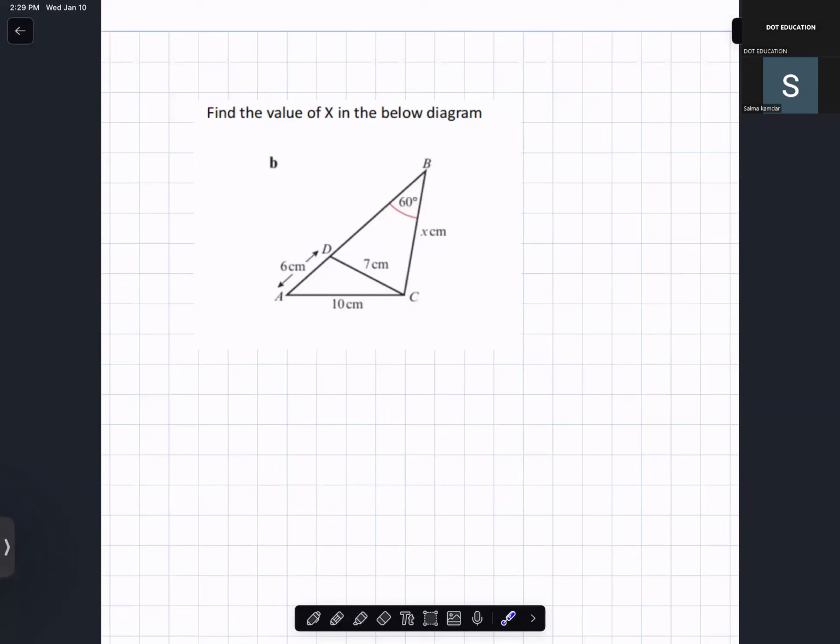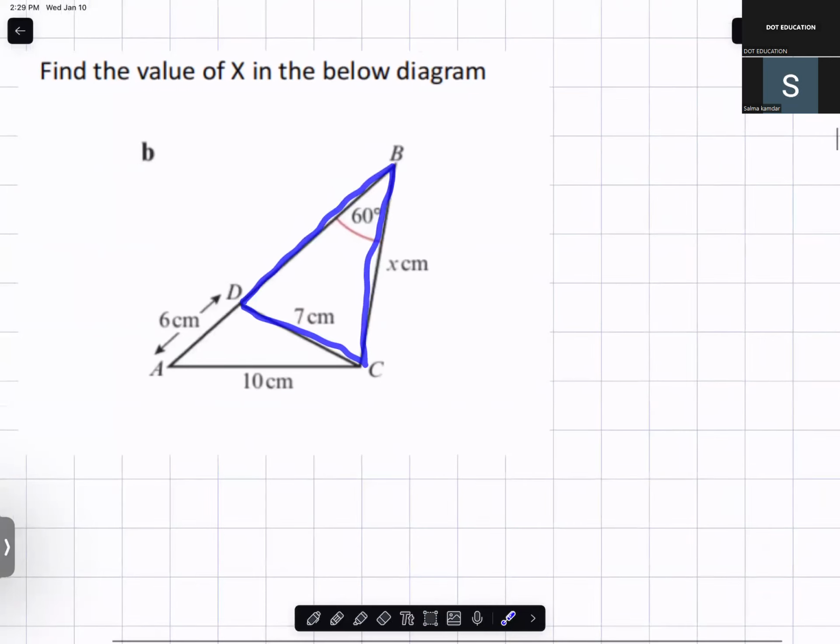We have triangle A, B, C here. And we also have triangle A, B, C. It is all joined together to form B, A, C. So this is the shape we have here.